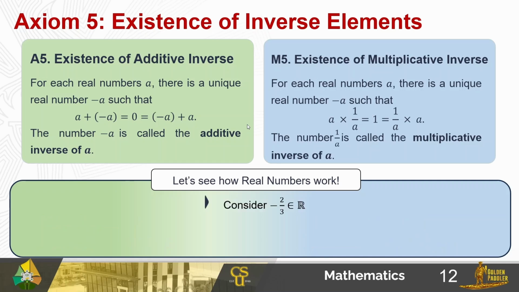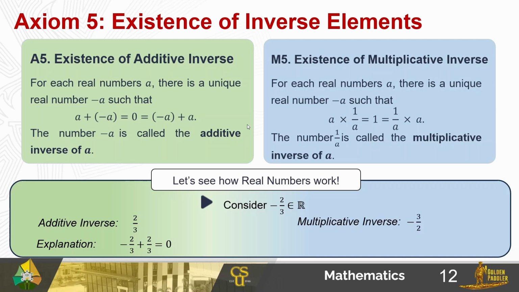Also, if we have the negative 2/3, the additive inverse of the negative 2/3 should be the positive 2/3 because negative 2/3 plus 2/3, the answer is 0. And its multiplicative inverse should be the negative 3/2 because negative 2/3 times the negative 3/2, the answer is 1.